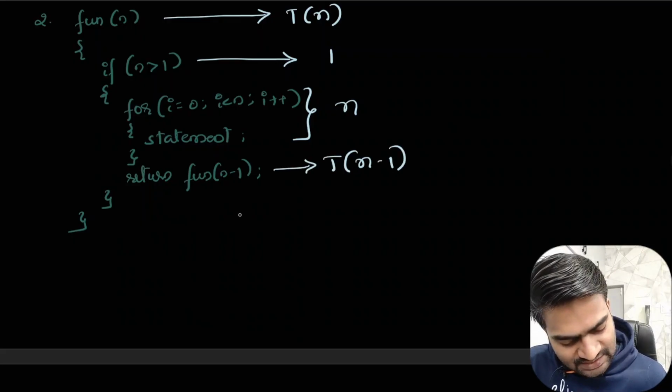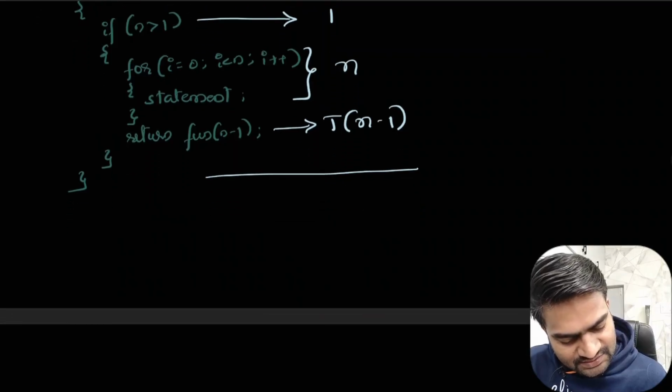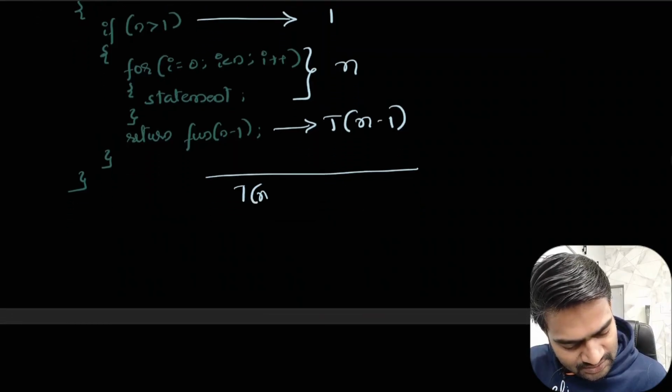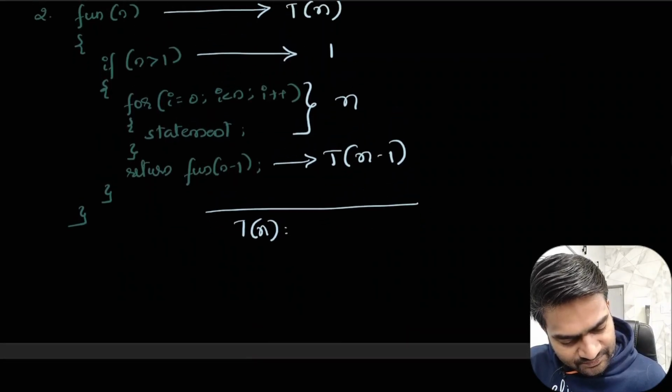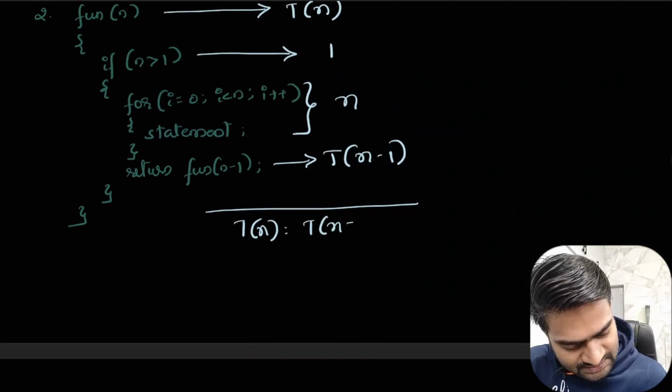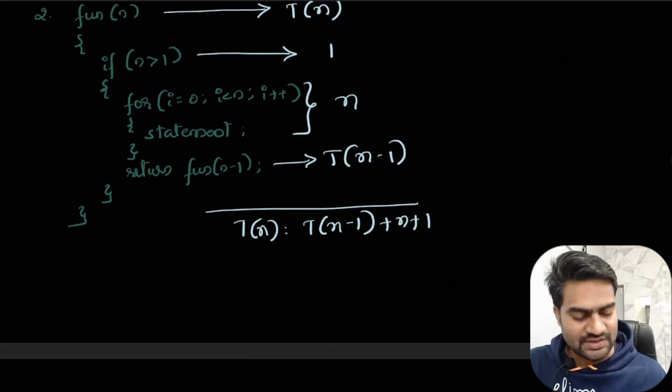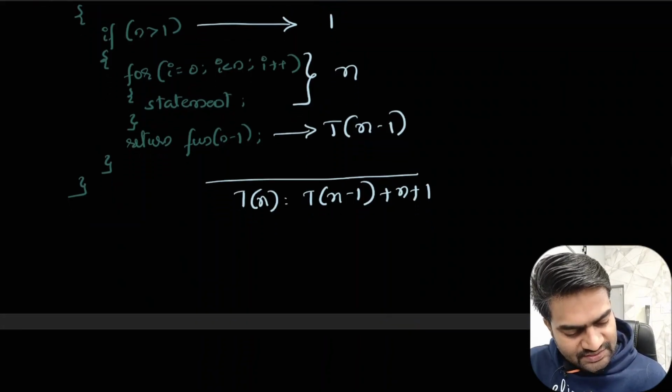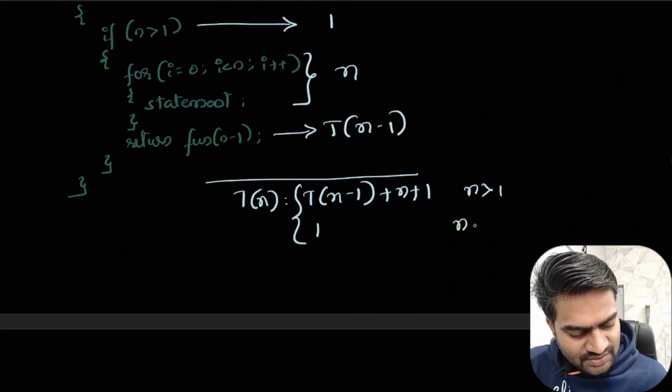If that is the case, then what is total t of n? Our total t of n will be t of n minus 1 plus n plus 1. So this is the time function. This is when n is greater than 1, but it becomes 1 when n is equal to 1.